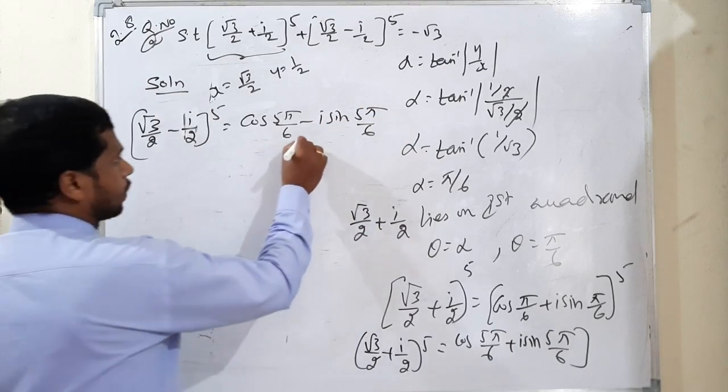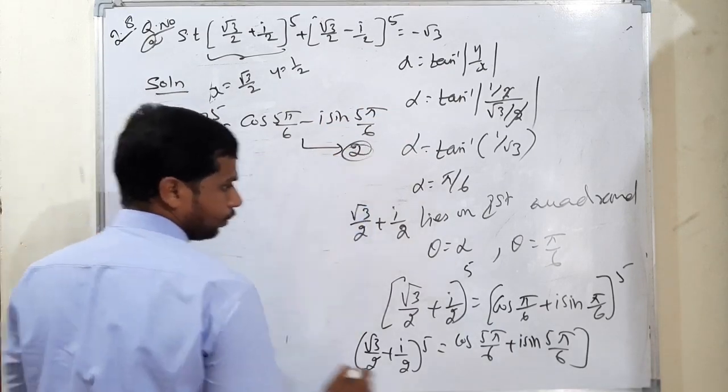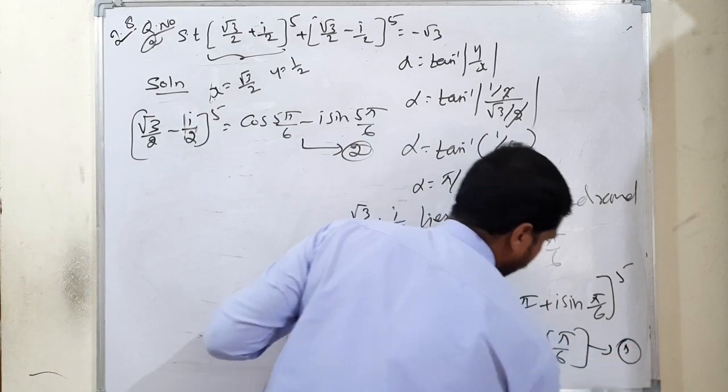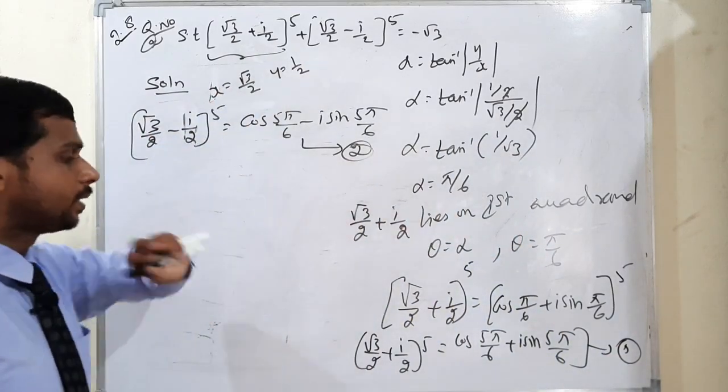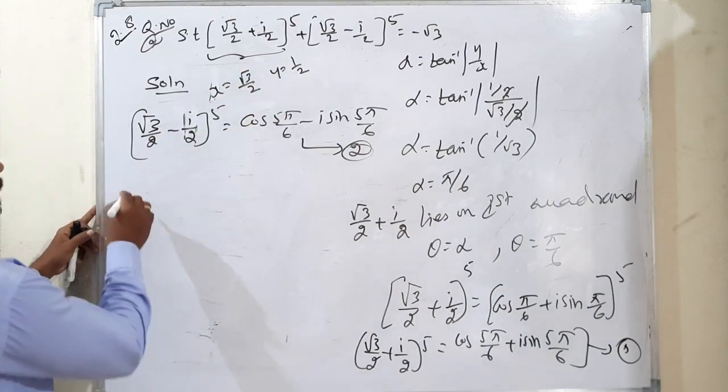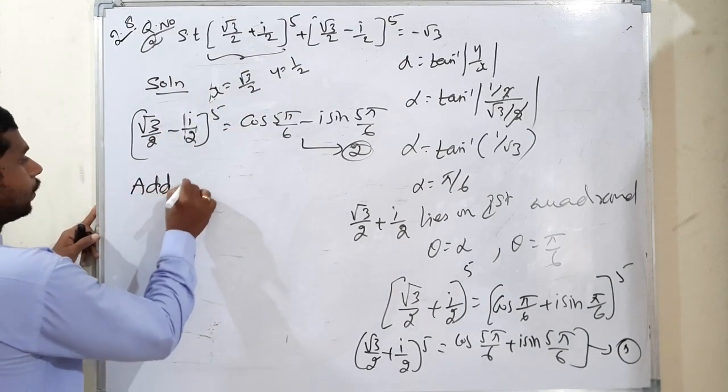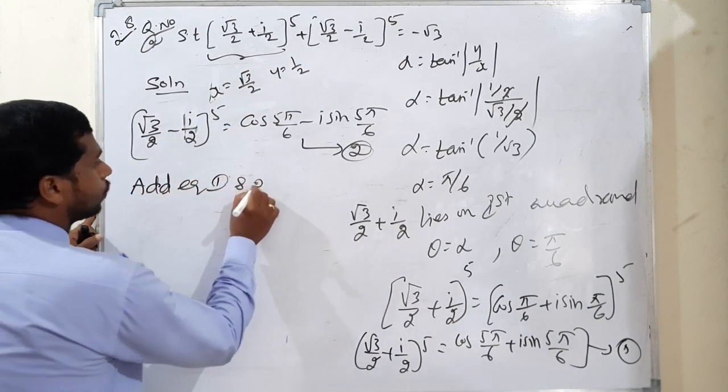This is considered equation number 2, and the earlier one is equation number 1. According to the condition, on the left hand side, if I add 1 and 2, we will get a clear value, isn't it? So add equation 1 and 2. What will happen?